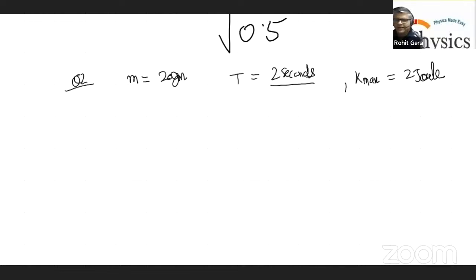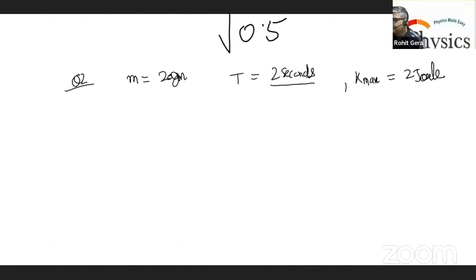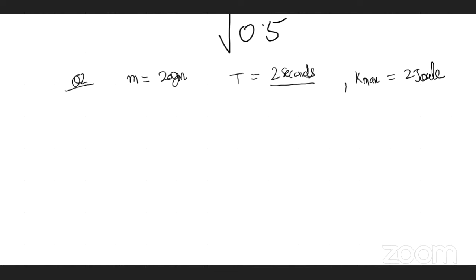The total mechanical energy of the particle is... 20 grams. Maximum kinetic energy is this, 2 joules.